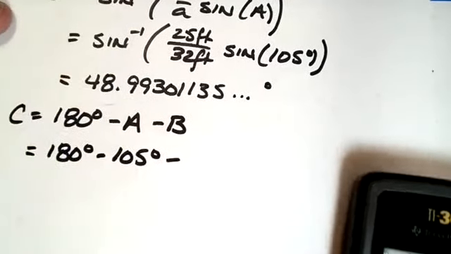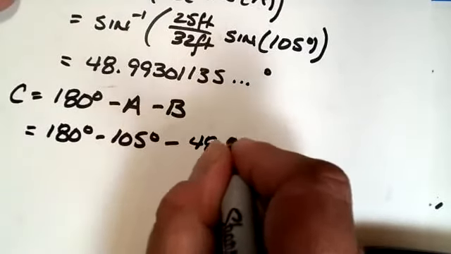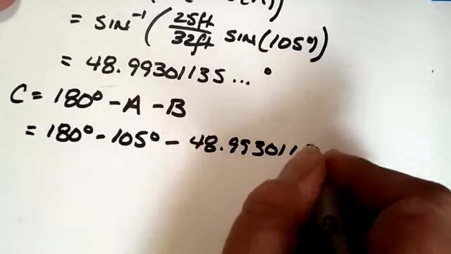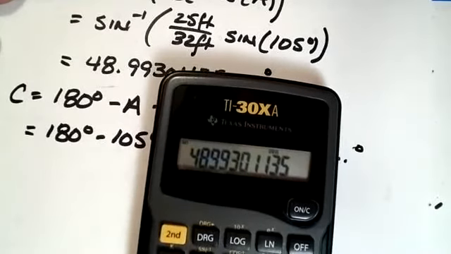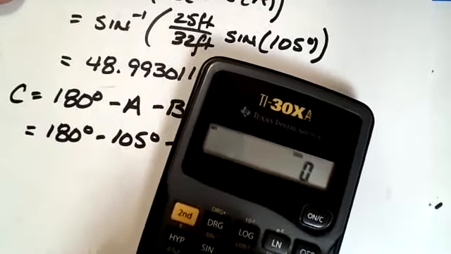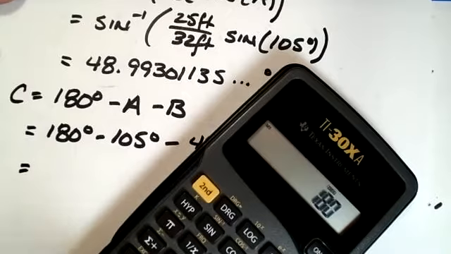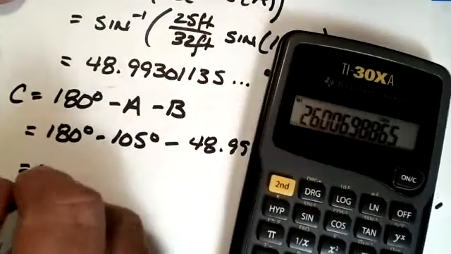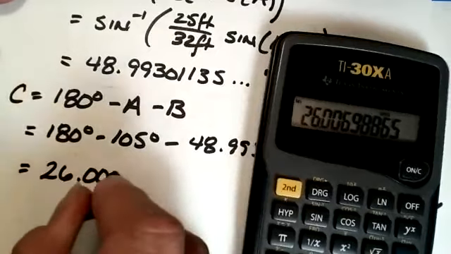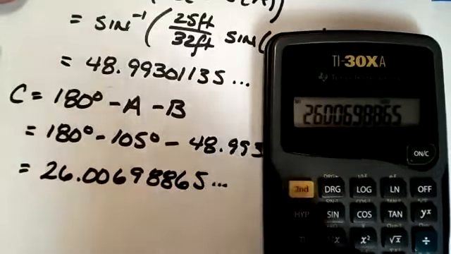Don't use 49, use this awful thing, 48.99301135, and that's why I stored it in the calculator, so it's easier to make that subtraction. So this comes out as 180 minus 105 minus that number, equals 26.00698865 degrees.